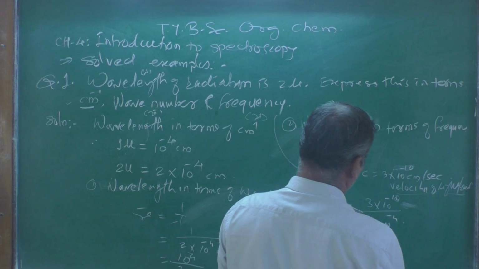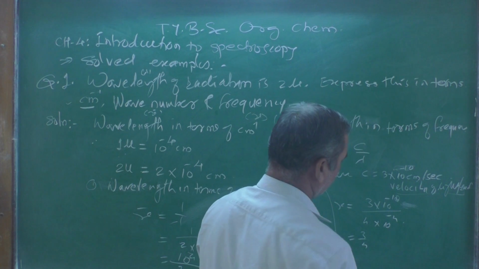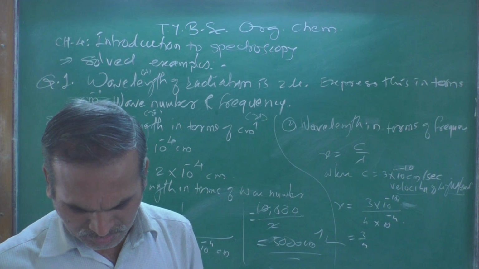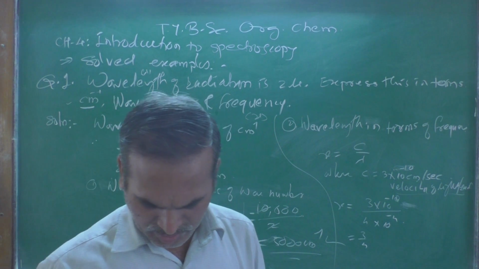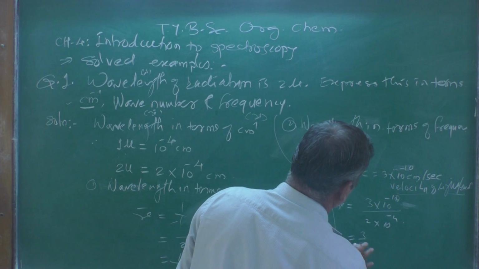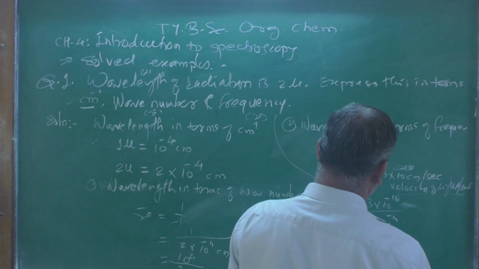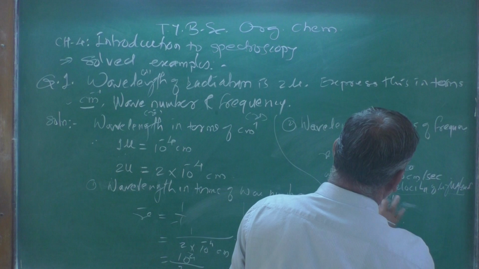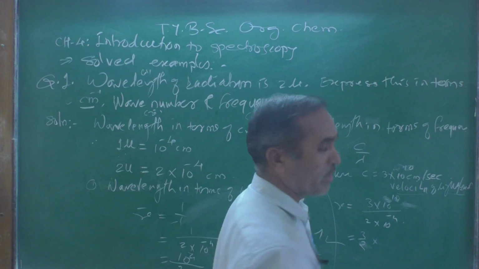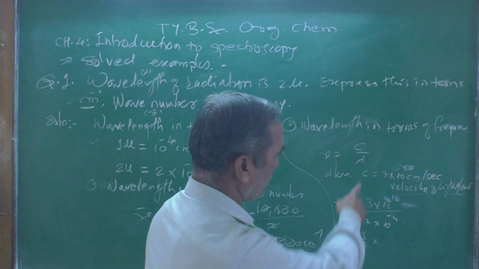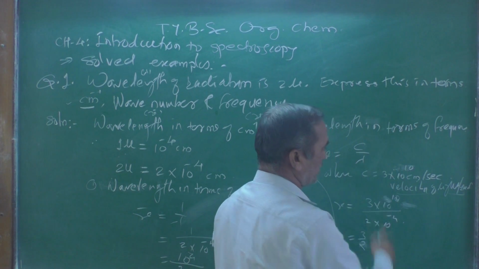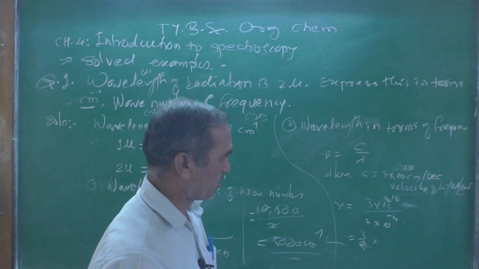Sorry, make the correction here: the velocity of light is 3 into 10 raised to 10 centimeter per second, not the minus sign.